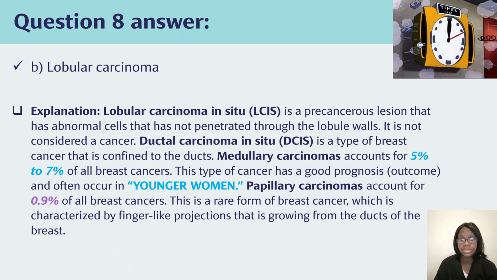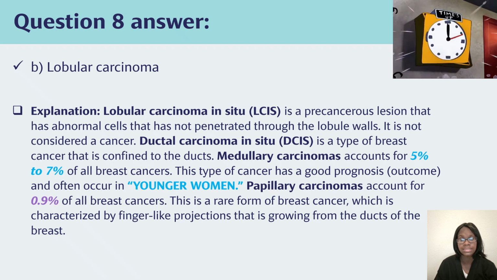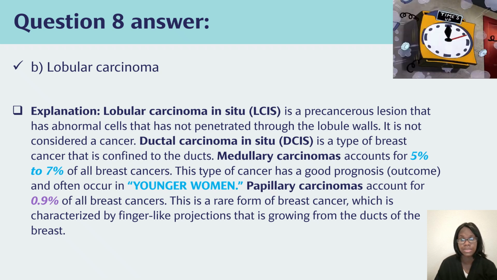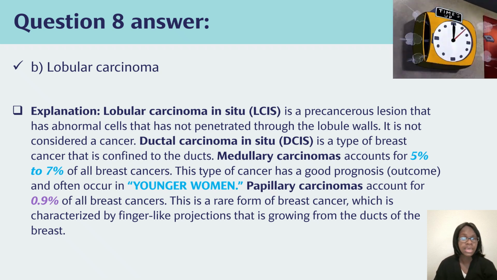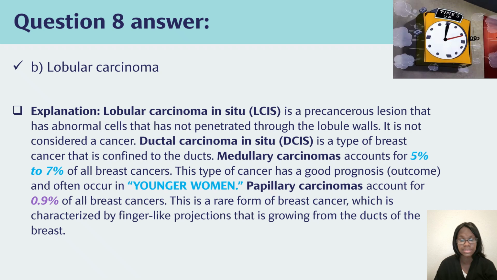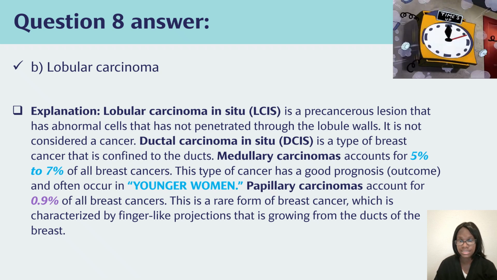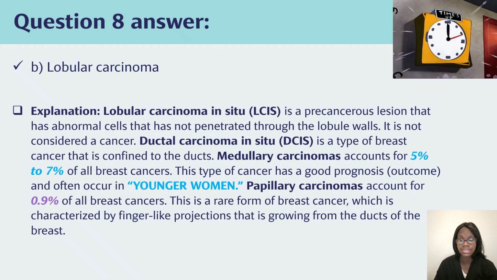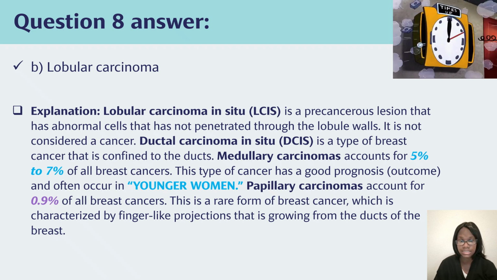Lobular carcinoma in situ, or LCIS, is a precancerous lesion that has abnormal cells that have not penetrated through the lobular walls. It is not considered a cancer. Ductal carcinoma in situ, or DCIS, is a type of breast cancer that is confined to the ducts.